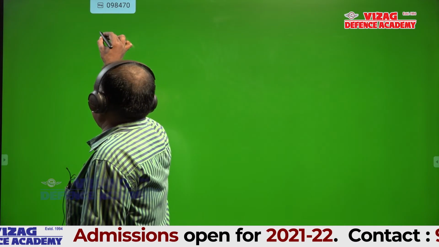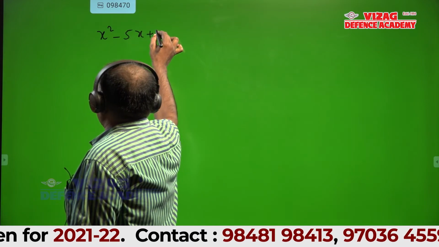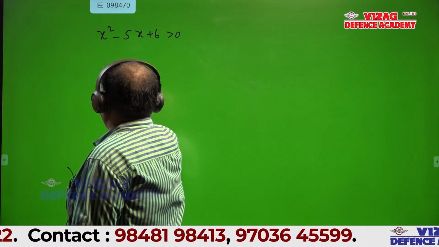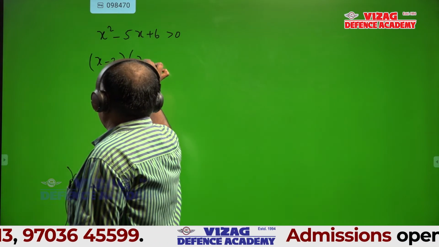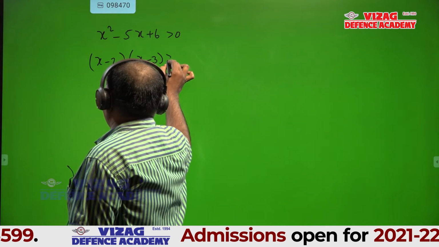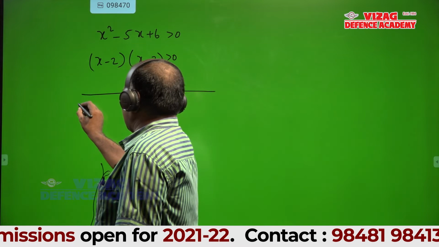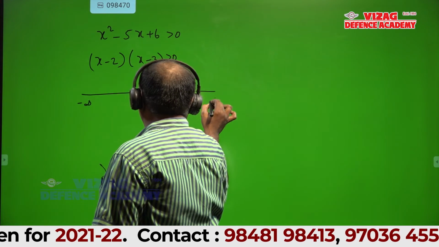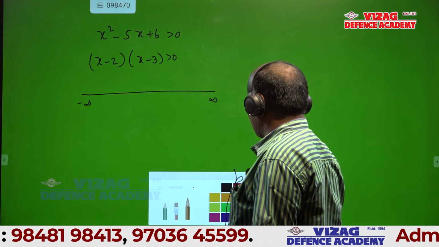Here x square minus 5x plus 6 greater than 0, that is x minus 2 into x minus 3 greater than 0. On the number line, from minus infinity to plus infinity, observe what the roots are.